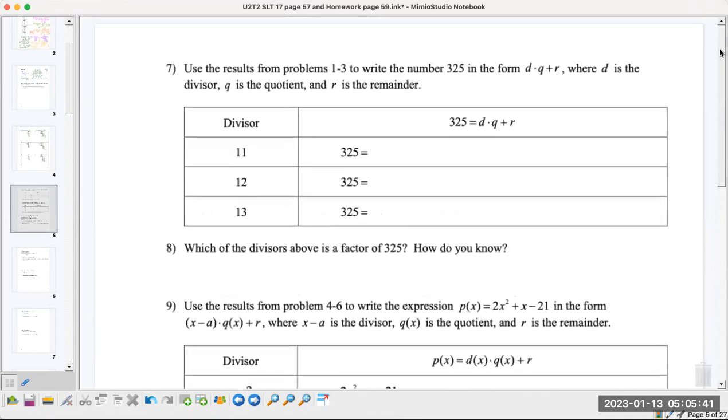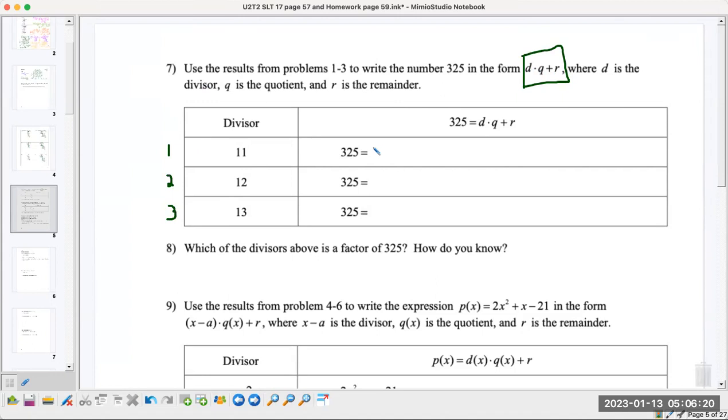So on page 62, here it says use the divisor times the quotient plus the remainder, where D is the divisor, Q is the quotient, and R is the remainder. All right, so this would be problem 1, 2, 3.